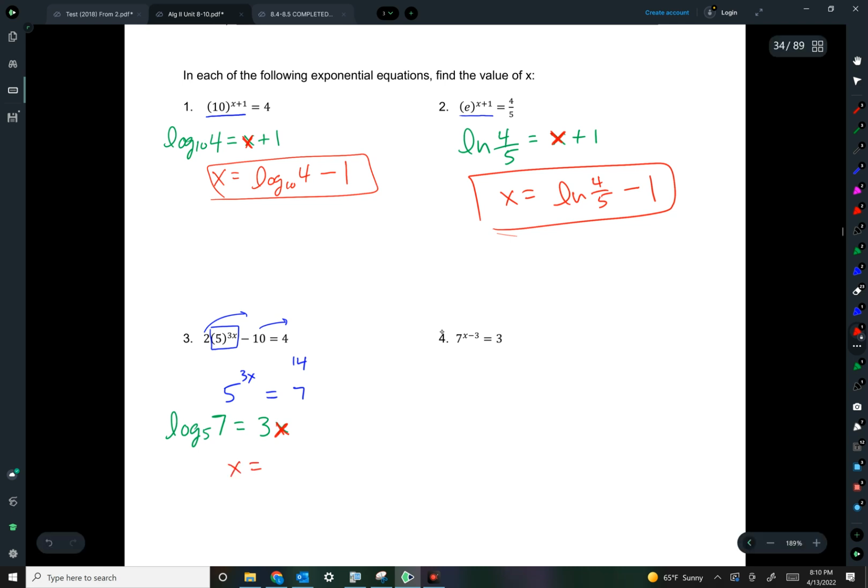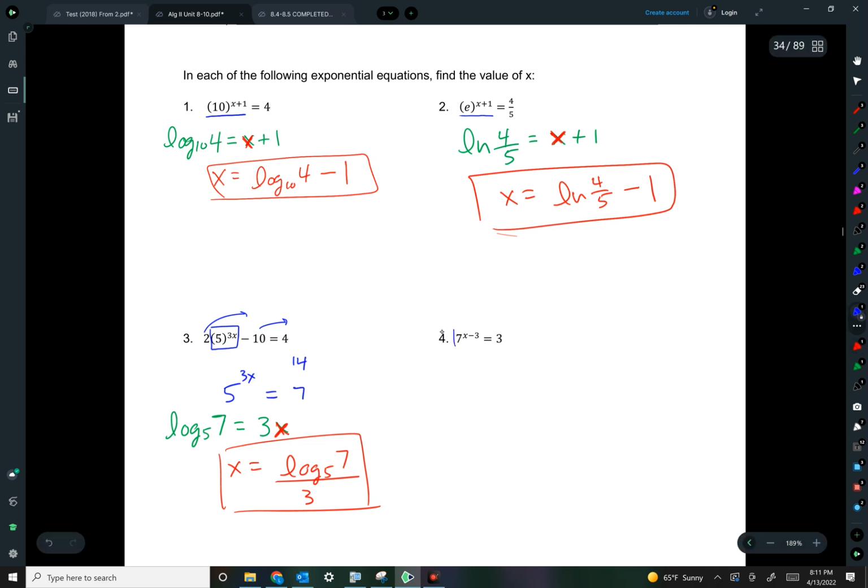So x equals whatever log base 5 of 7 is, all divided by 3. Okay, so I never said the answers were going to be pretty. As long as I get the x by itself, and there are no other x's left on the other side, you know you're done.